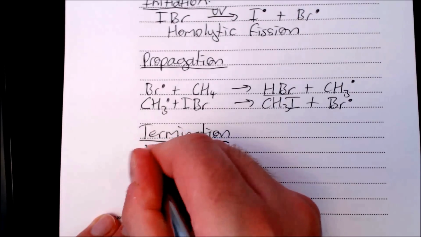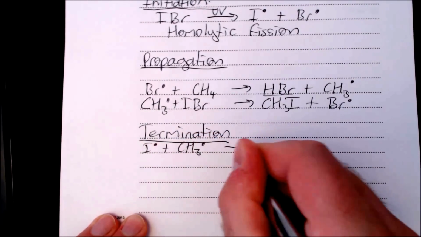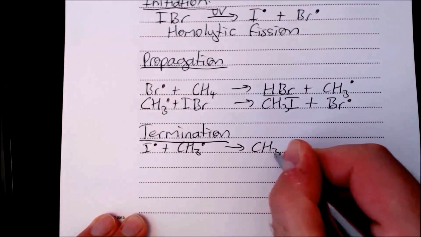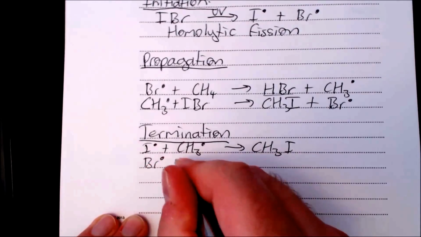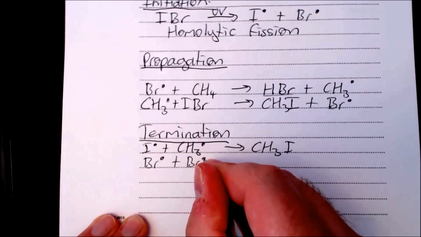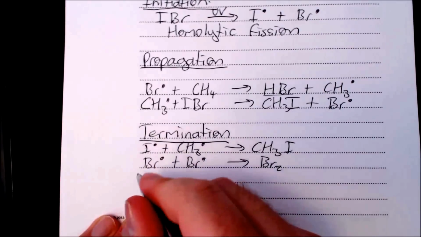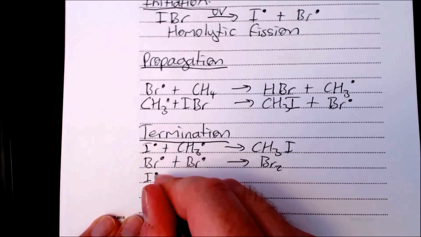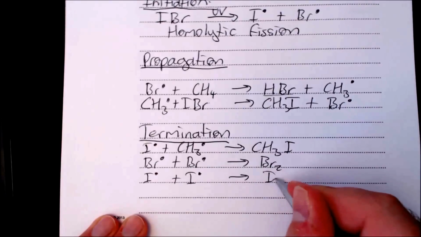So for example, you could have I dot plus CH3 dot, and that will form CH3I. You could have Br dot plus Br dot, and that will form Br2. You could have I dot plus I dot, and that will form I2.